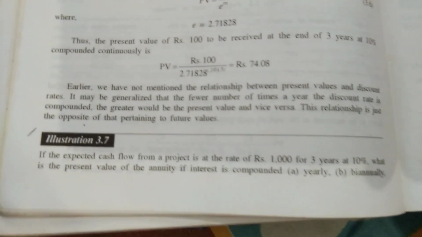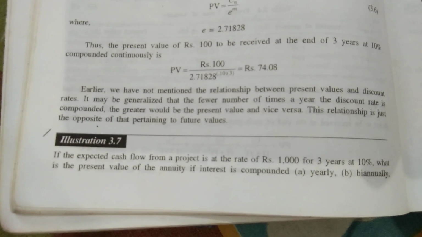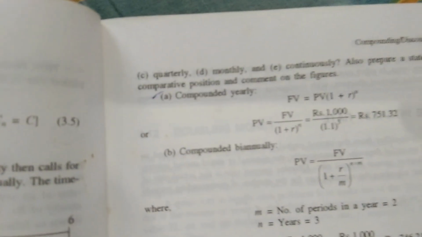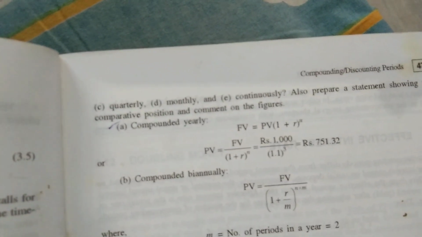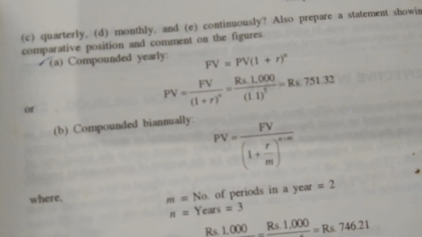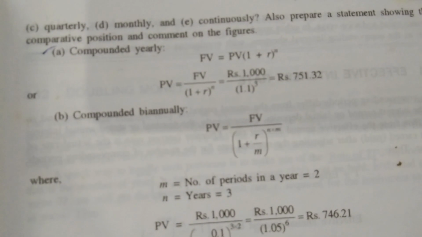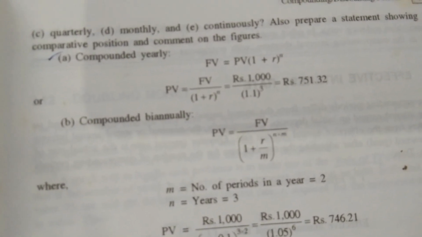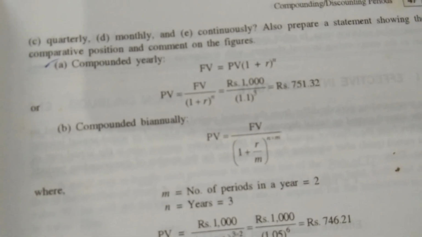Look here, expected cash flow, that means 1000 is given, that means future value is given. Quarterly, monthly, and continuously. Now I have told you the formula FV equal to PV into (1 plus R) to the power n. How many variables are there? 4.